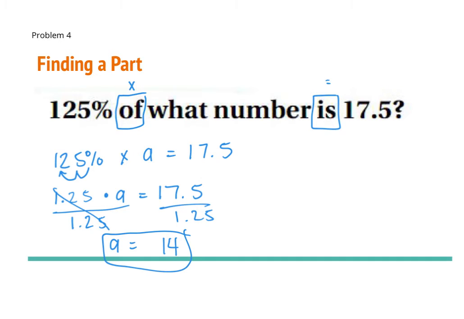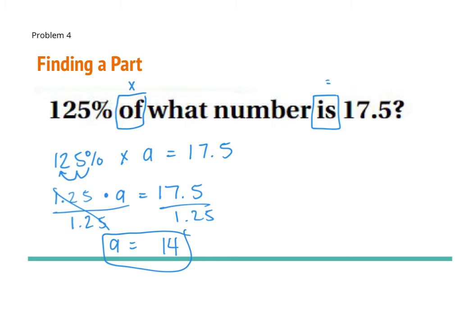So 125% of 14 is 17.5. Okay? So I like setting it up like that. Of means multiplication, and is is the equal sign.